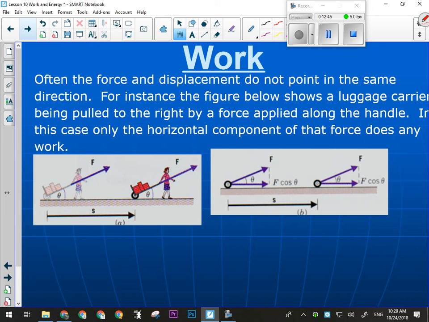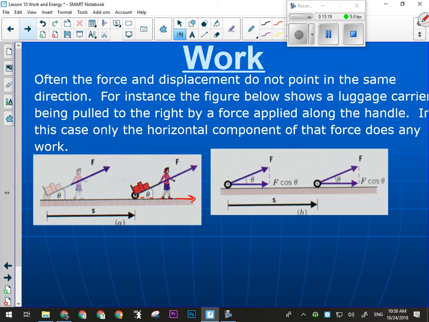So we could figure that out by using not this force, not the pulling force, but the component of it that is in the direction the object is going, in this case, the suitcase. The suitcase is moving horizontally, so only the horizontal component of my force is doing work. Not the full force, just the part of it pointing in the same direction as the movement. Does everyone follow me there? The work has always got to be done in the direction of movement.